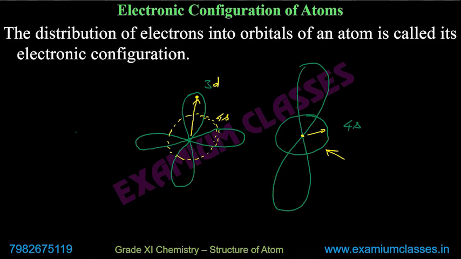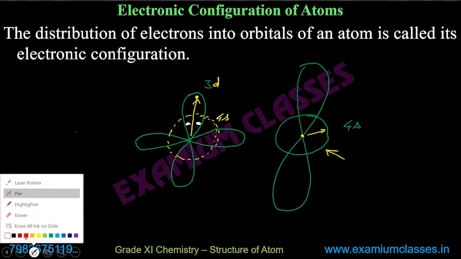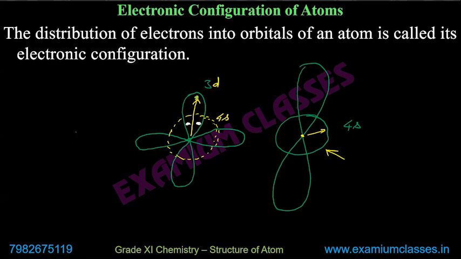D will have 4 lobes. Now what happens if 2 electrons are here in 4s? These electrons can be here. And say the 3d electron is here.